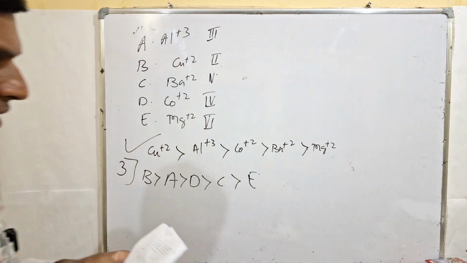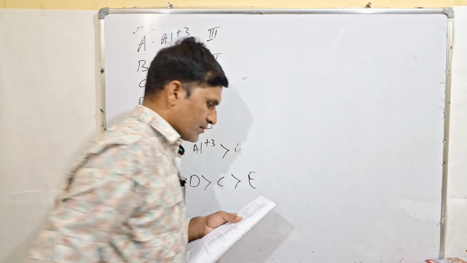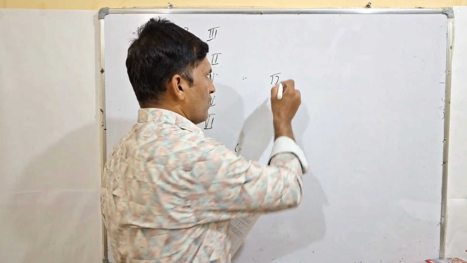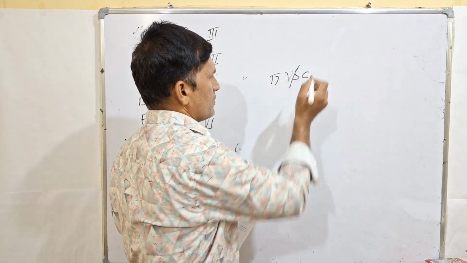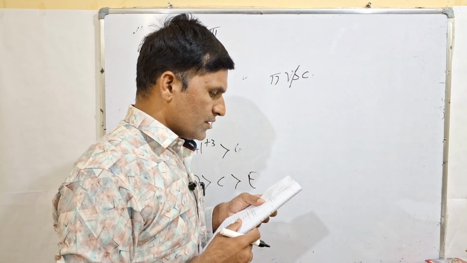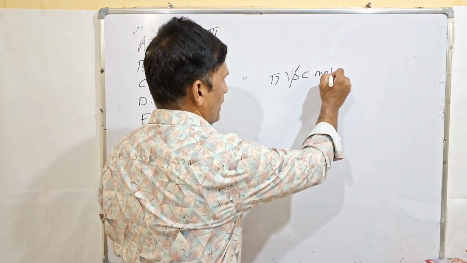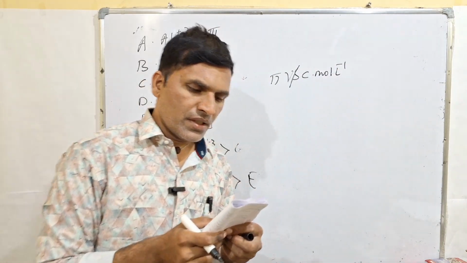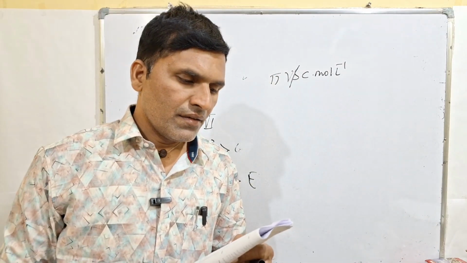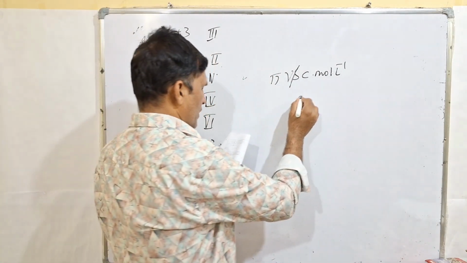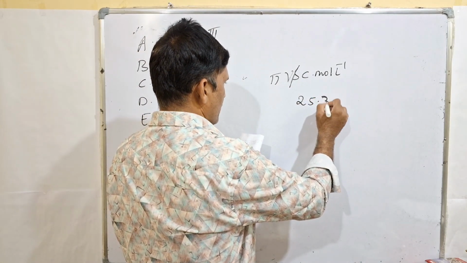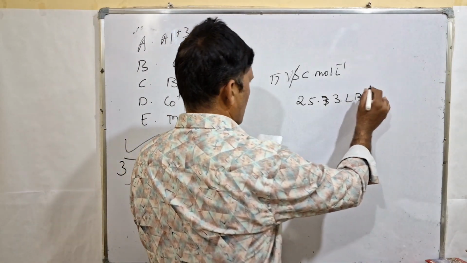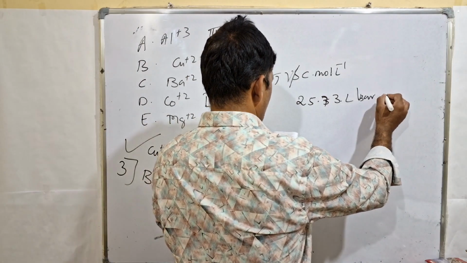The plot of osmotic pressure, that is pi, versus concentration in mole per liter for a solution gives a straight line with the slope 25.73 liter bar per mole.